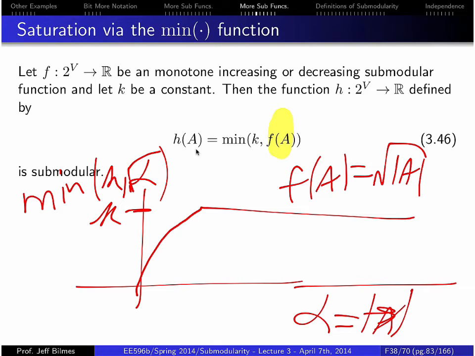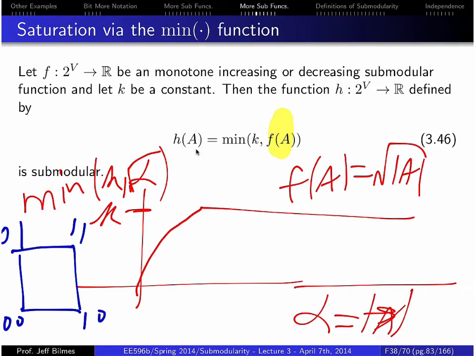You can actually sometimes plot valuations of a submodular function. I'll just mention this. If you have a two-element ground set, you can plot it on a hypercube, where the vertices would be 0,0, 1,1, 1,0, 0,1.